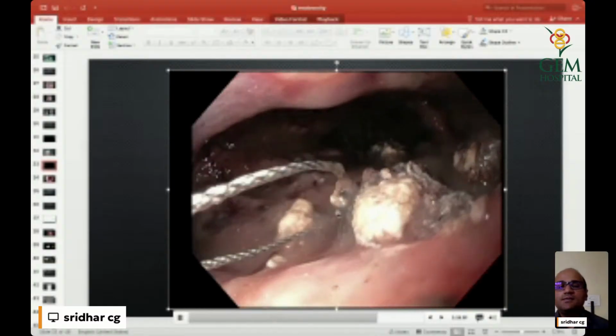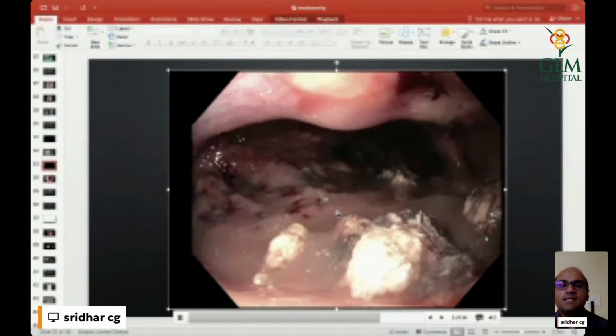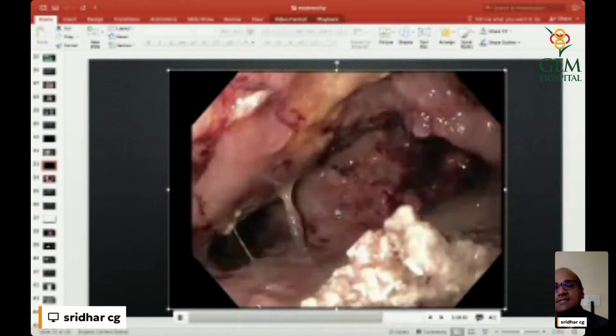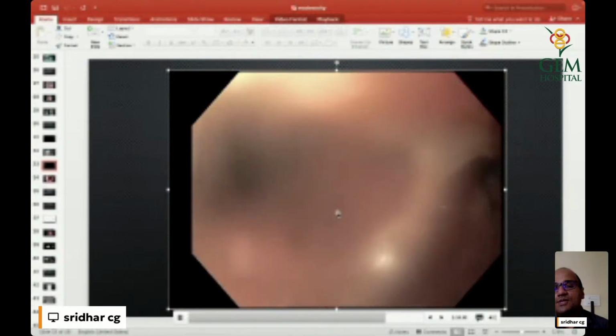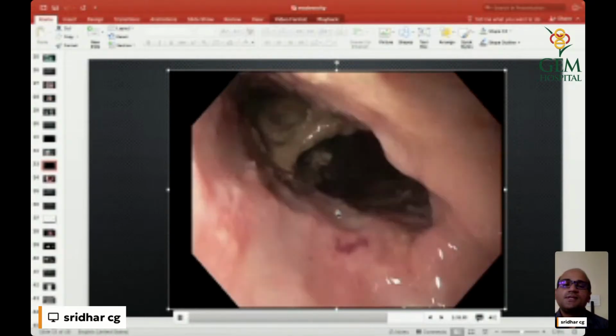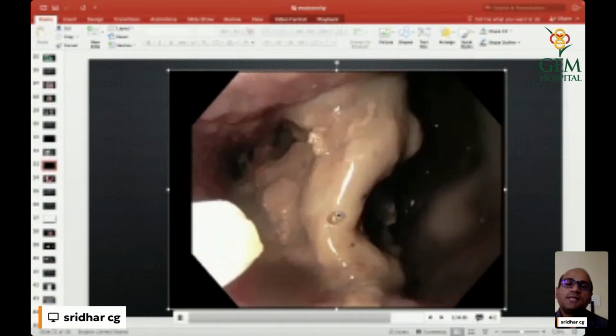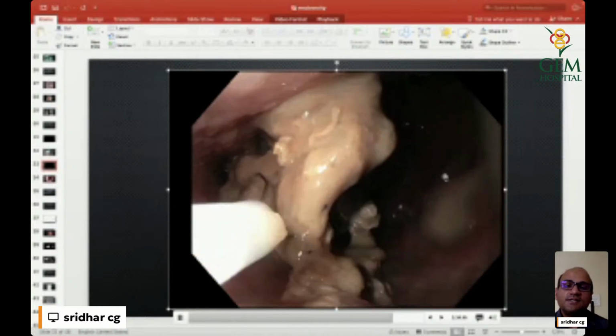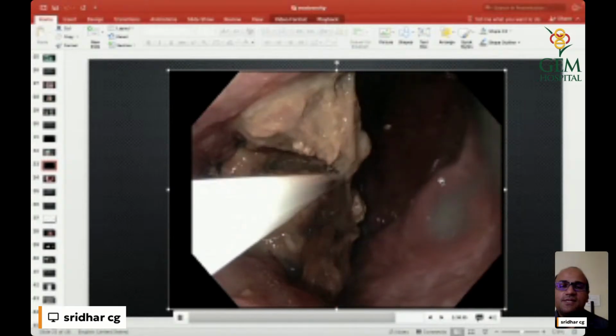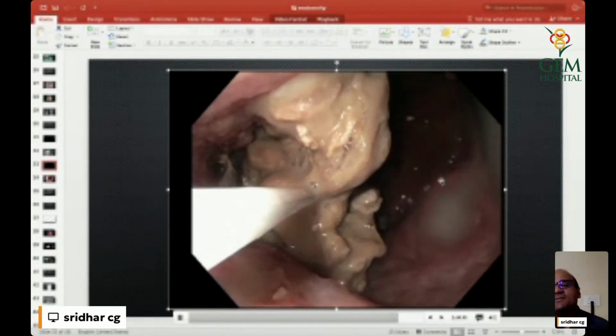You can actually see, as and when the procedure is being done, the cavity is getting cleaner and cleaner. You can see the depths of the cavity, and you can see the pigtail there actually. Watch, once this debris is removed, you can see the left flank pigtail.